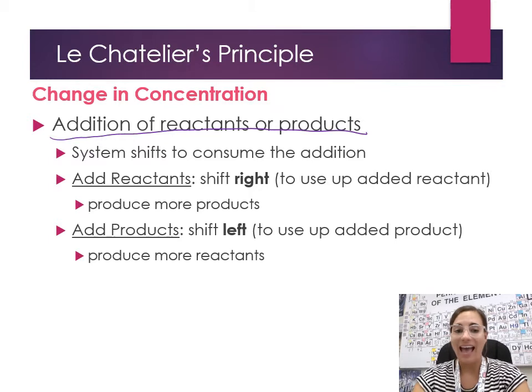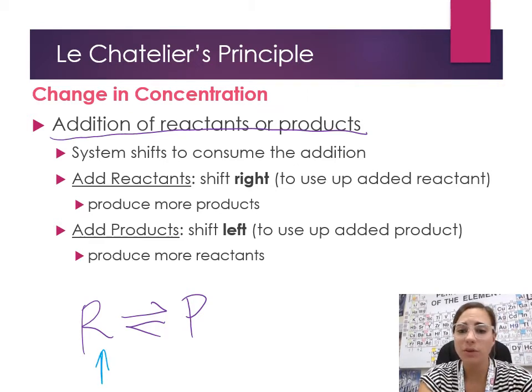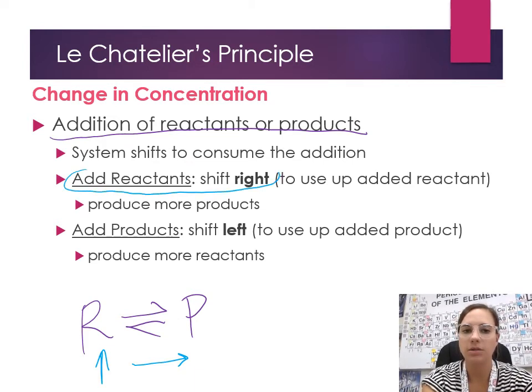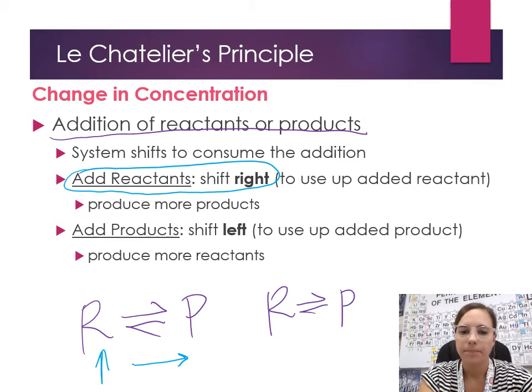So if I add reactant, well, I need to use up those reactants, so I'm going to shift right. That's going to produce more product, and then I'm going to be back at equilibrium.